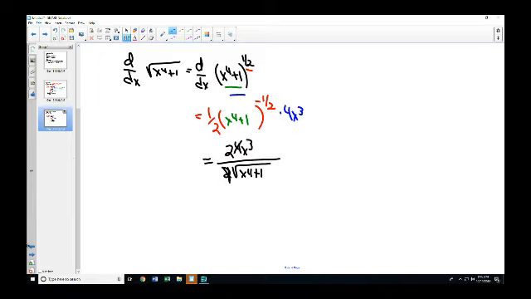So these questions also come a lot of times with where is a horizontal tangent line? So you take the derivative and set it equal to 0, right?